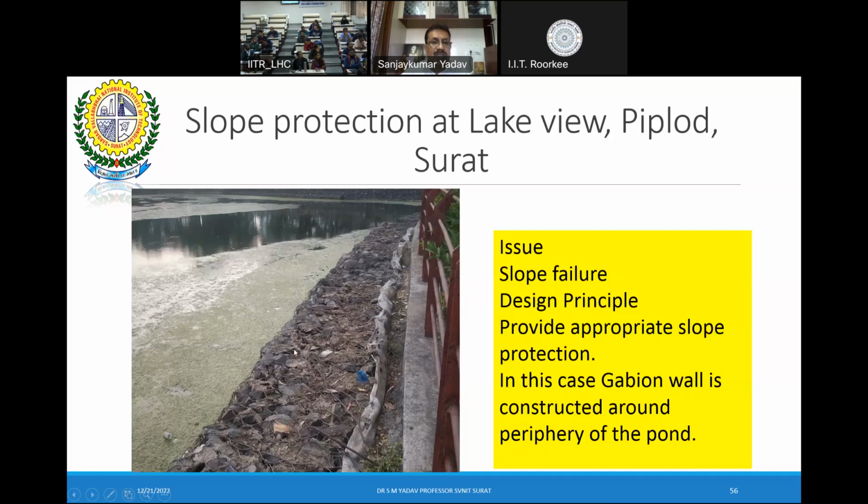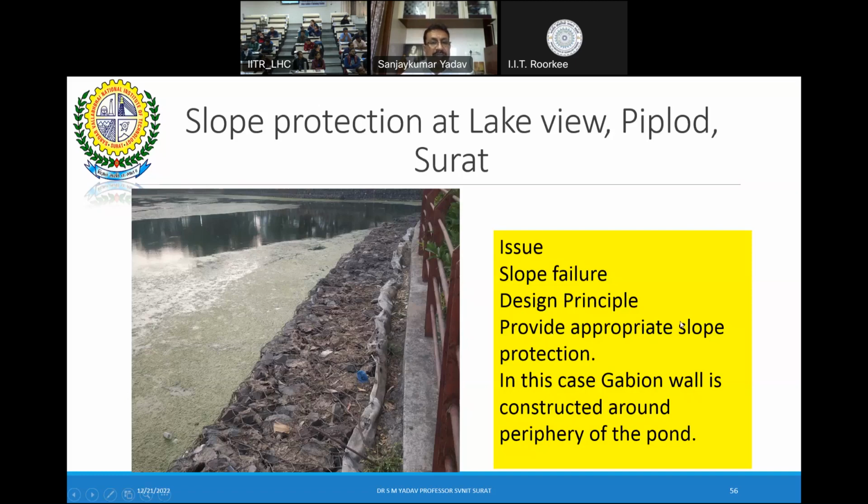The width of the gabions, you will see, is approximately 45 centimeter, and the height of these gabions is approximately 4 meter. So this prevents the retaining wall from failure, as well as it protects it from seepage of water. How it protects from seepage water, that we will see.